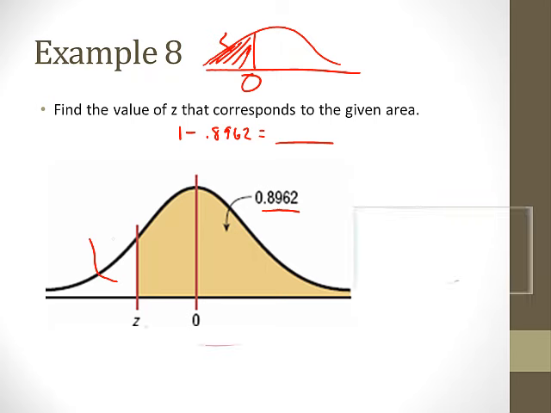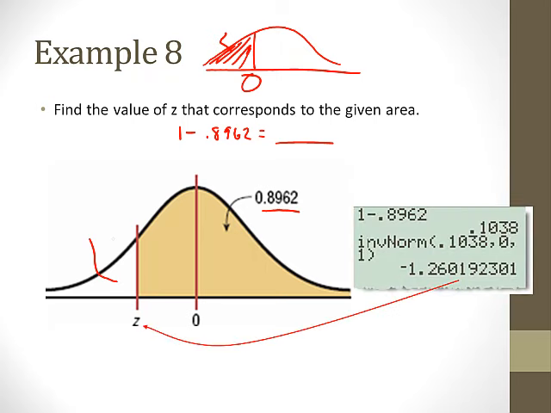Yeah, 1 minus 0.8962 gives 0.1038, and then do inverse norm on that. Again, you could have inverse normed this number. You would have gotten a positive 1.26, but then you know you have to make it negative, just visually we can tell it's got to be negative. I prefer you do it this way I showed you here. Certainly up to you. I'll never know.